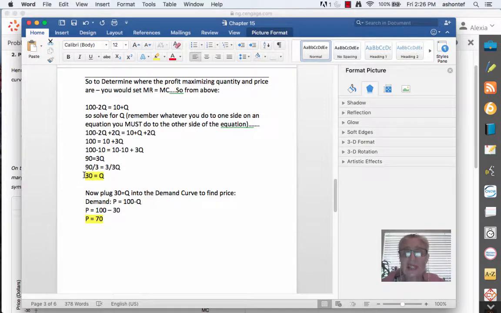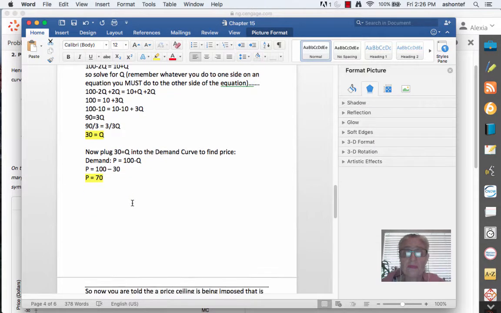This is telling us that the profit maximizing quantity, or where marginal revenue equals marginal cost, is at a Q of 30. Then if we want to know what price is represented at Q of 30, we go back to our demand curve, which we have, and just plug in the quantity, and you'll get the answer.